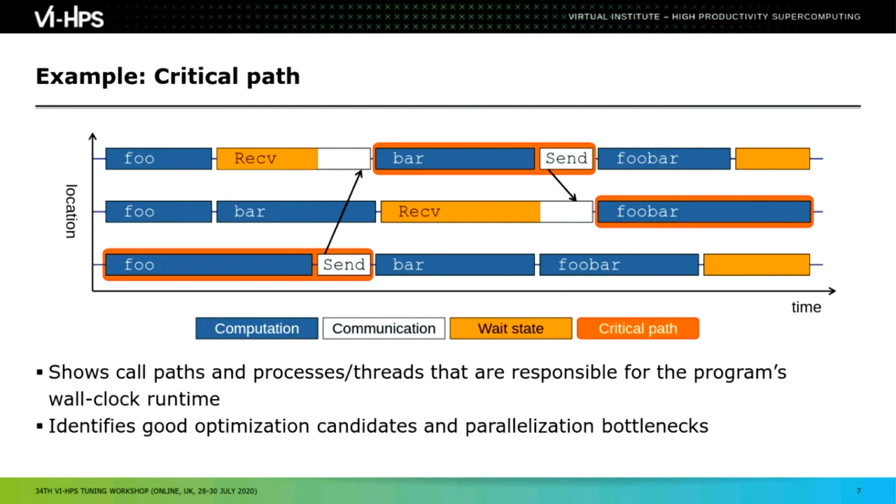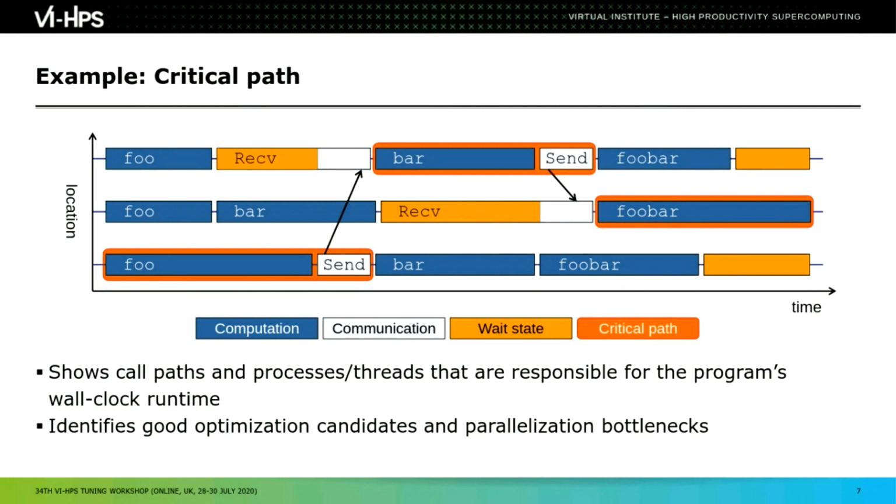So the process at the top, when it is executing var, is on the critical path. And then when the event before that, when it was doing the receive, transferred the critical path to where that corresponding message was coming from. In this case, it was the process at the bottom that was executing foo and then executing the send. So that was allowing us to reconstruct the critical path of execution through these events.